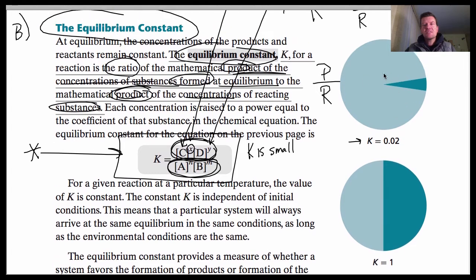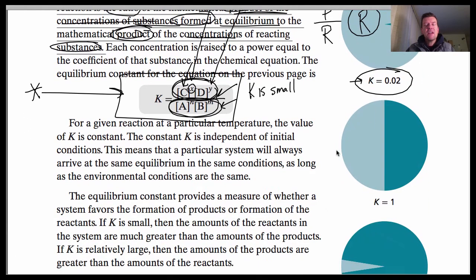Lots of reactants. So in this circle, the light shaded area is reactants, the darker shaded is products. So that means you've got lots of reactants, lots of people in the room, not very many people out of the room at equilibrium. The K value is very small. When this ratio is small, it means the bottom number is bigger than the top number. That means you've got lots of reactants, not very many products.